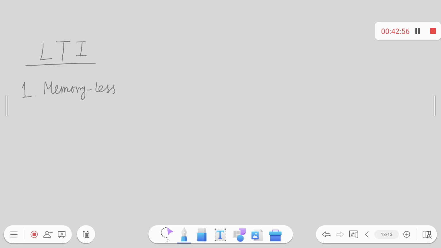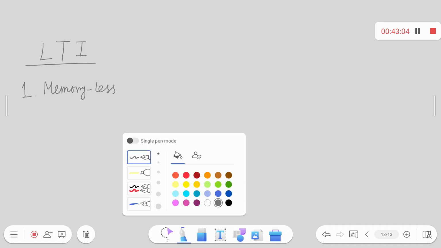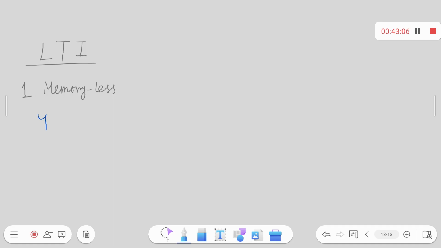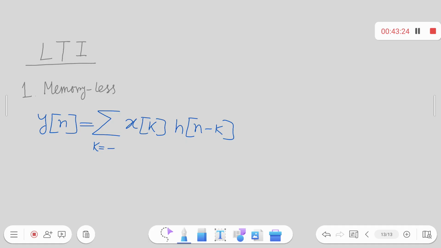Okay. So for example, since the system is LTI, let us take some discrete time system. You know this output y of n can be represented as the sum of x of k h of n minus k, where k goes from minus to plus infinity. That is true for any LTI system. Yes or no?